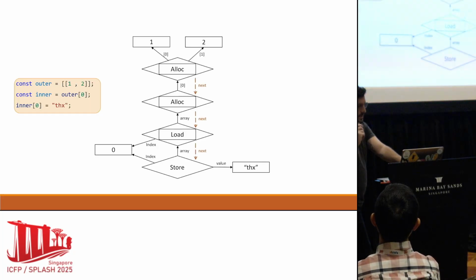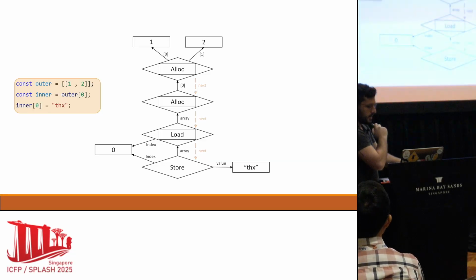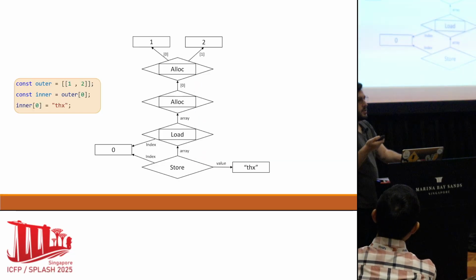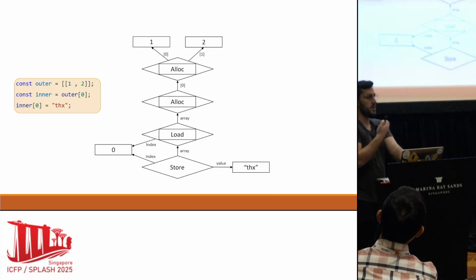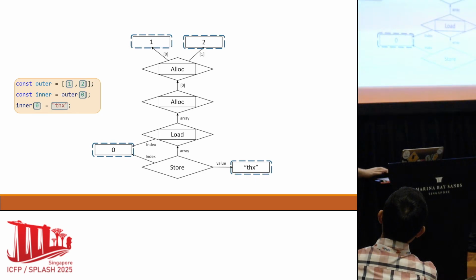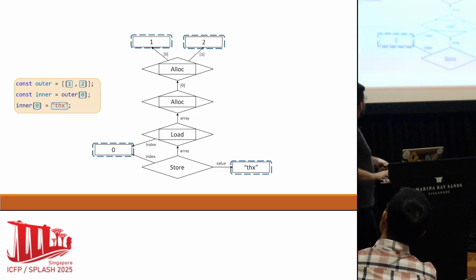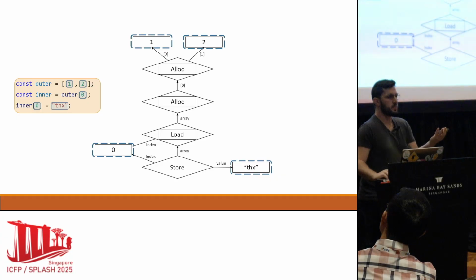So I would like to show you how we do type inference over this IR, which is the most interesting thing in this work, in my opinion. So first, we're using a fixed point algorithm, right?